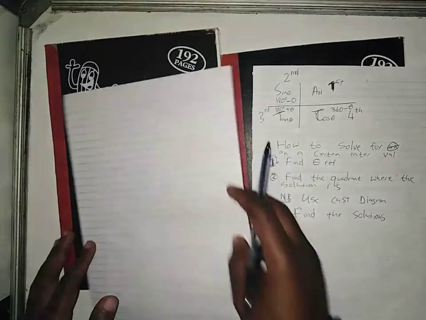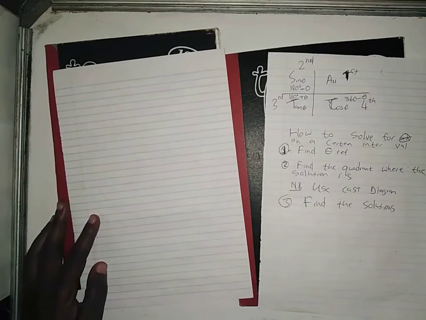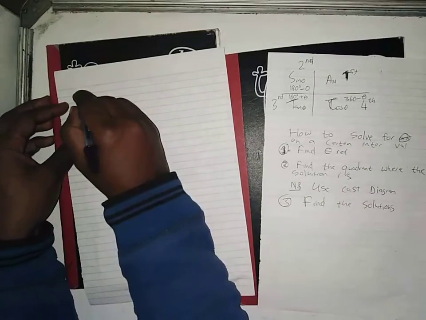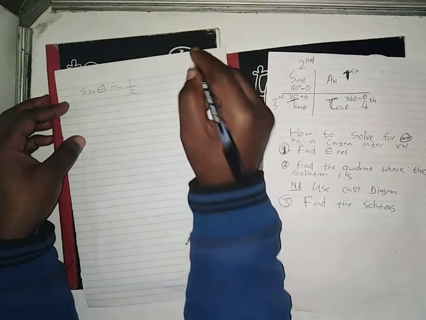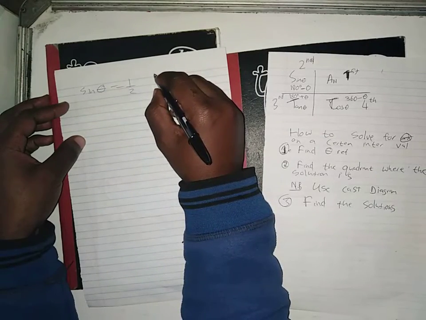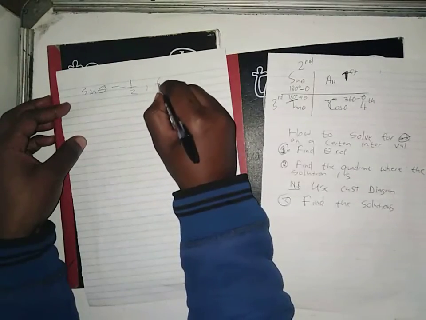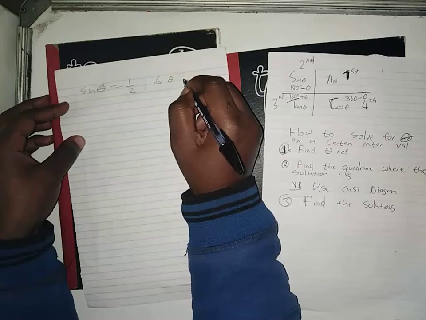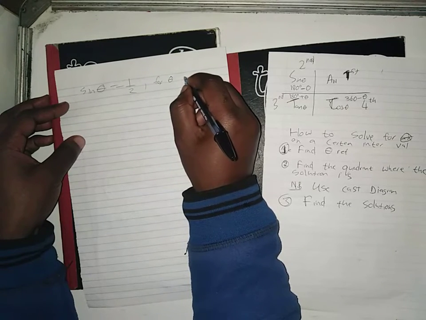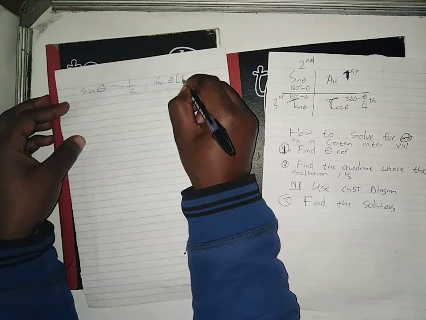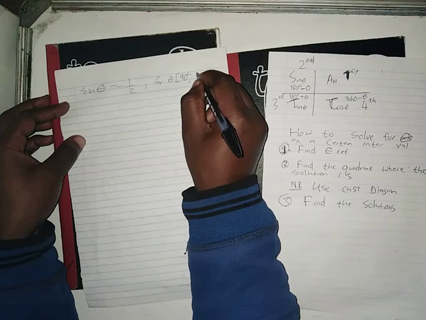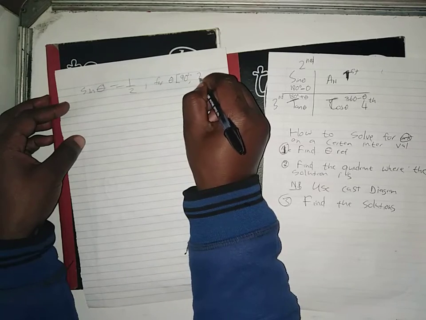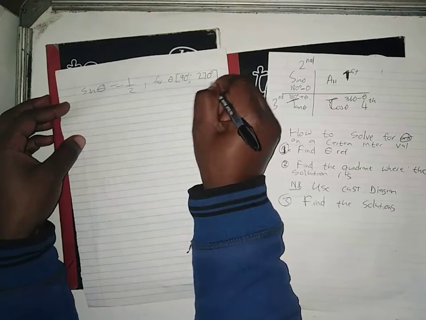Let us do the last one, and then close shop. Let's say they wanted sine theta equal to 1/2, but now they say for theta between, say, 90 degrees and 270 degrees.